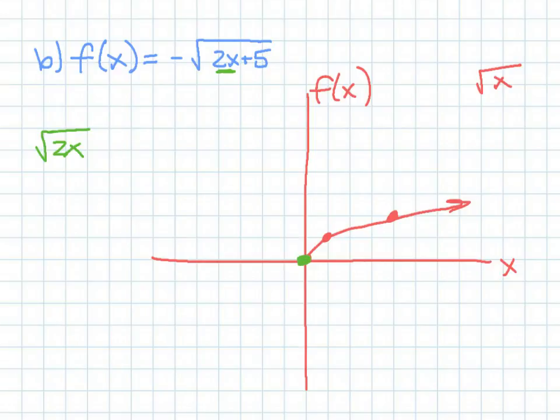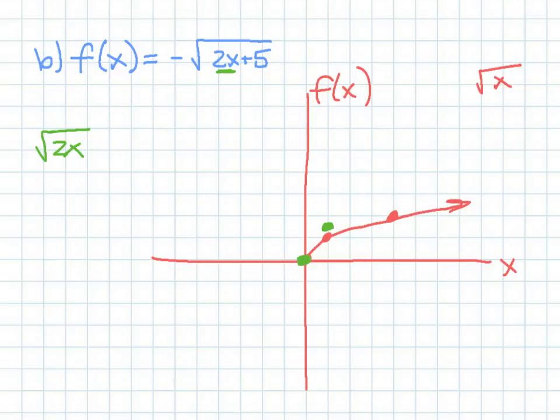So square root of 2, now this is going to be a weird number because we're underneath a radical. So square root of 2 is going to be 1.4, right? So we get a little stretch or shrink that way. And then same thing for 4. 4 times 2 is 8. So the square root of 8 is 2.8. So from 2, it goes up a little bit. Okay? So we get that picture.